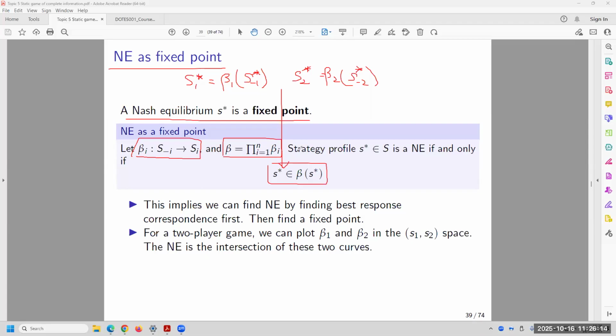The best thing to do is to draw the best response correspondences if there are two people. To solve a two-person problem, I always recommend finding the best response correspondences, because you will not miss anything. Later you will see that it also includes mixed strategy equilibrium.